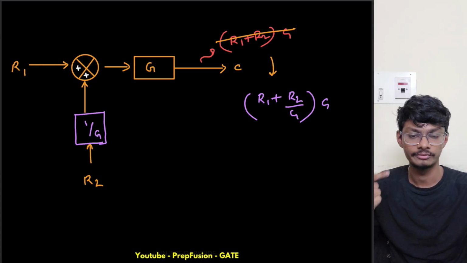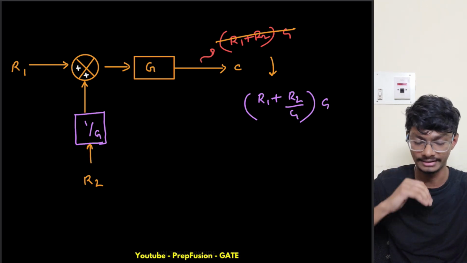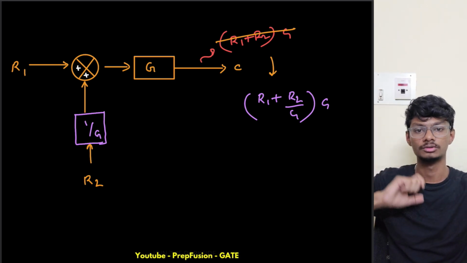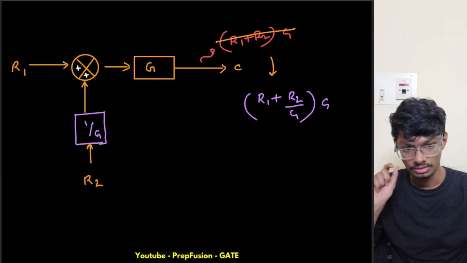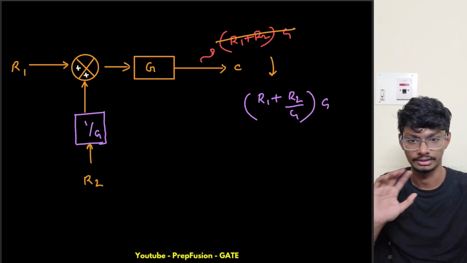So this is the rule that we need to follow. Don't need to remember all this, just know all this. Have a practice with all this, then you will be able to solve this directly in the question. So this is what we need to do: put a gain block before.